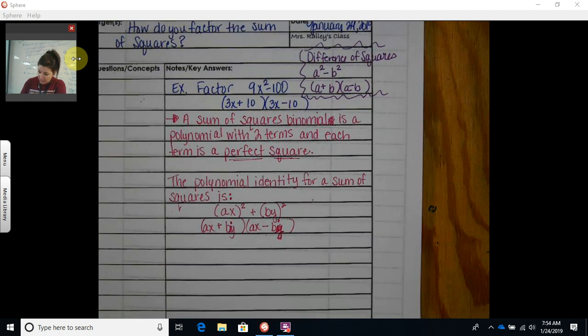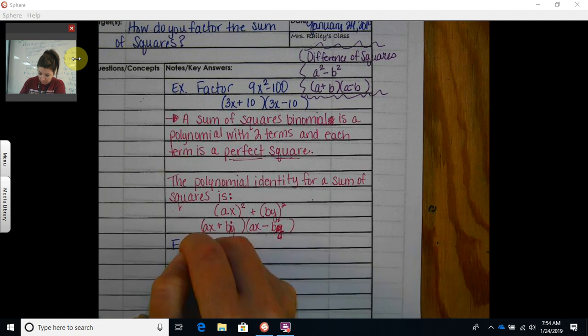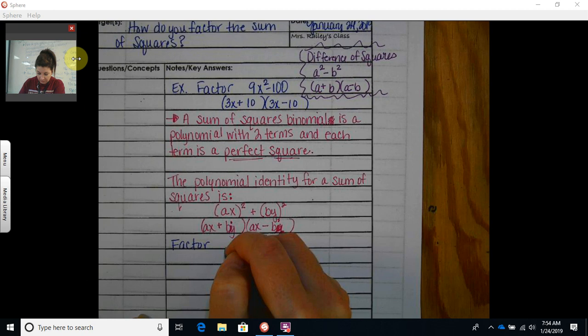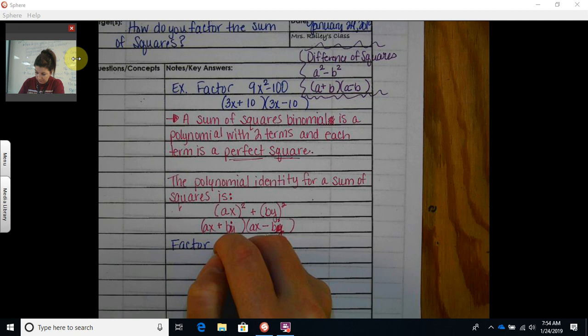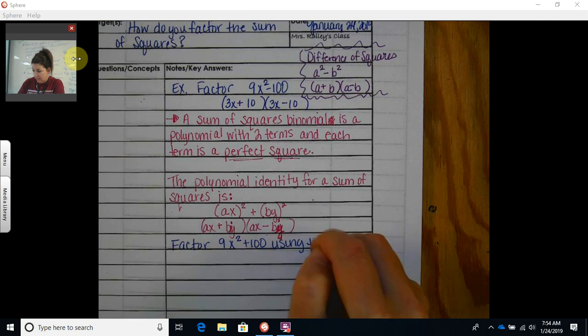All right, so let's give it a whirl. Let's factor 9x squared plus 100 using the identity.